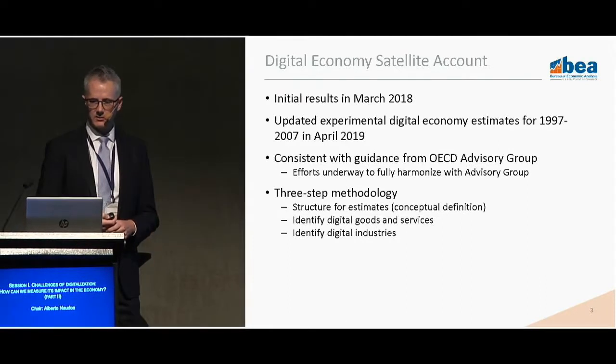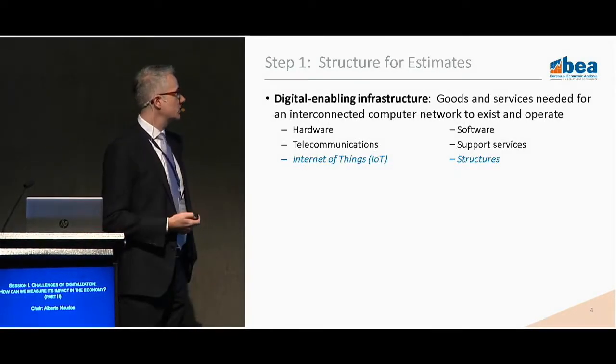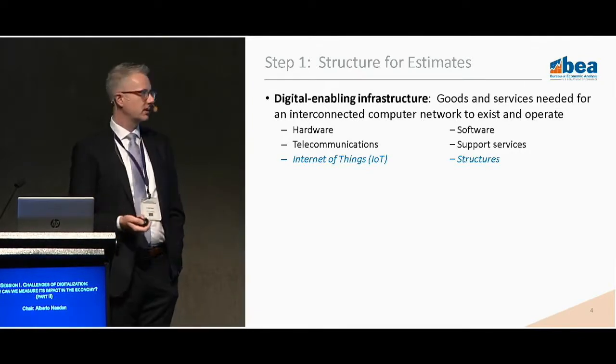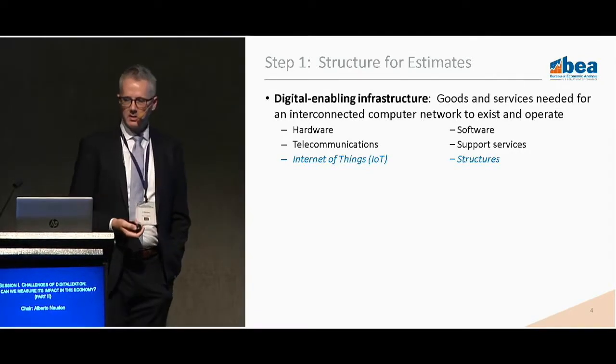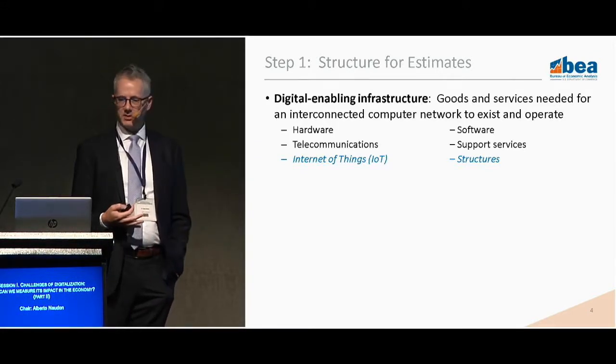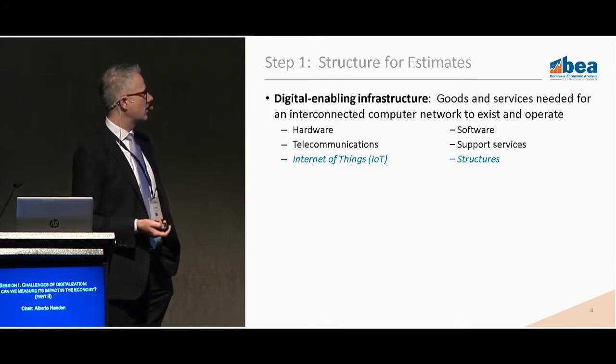So for the first step, our structure of estimates or conceptual definition, there are four components here. The first is digital enabling infrastructure, which are the goods and services needed for interconnected computer networks to exist and operate.